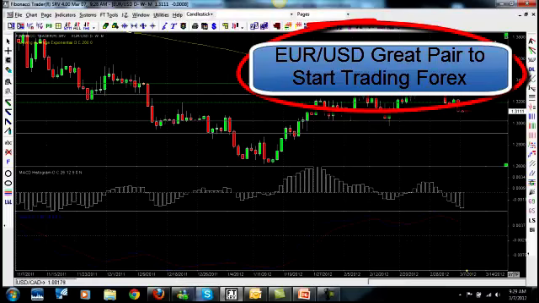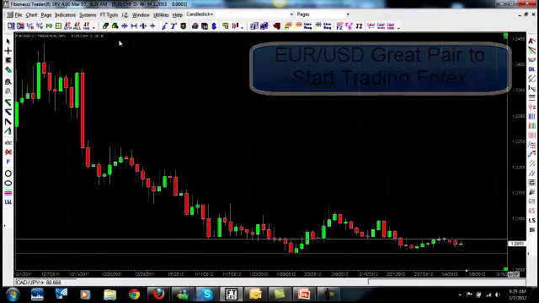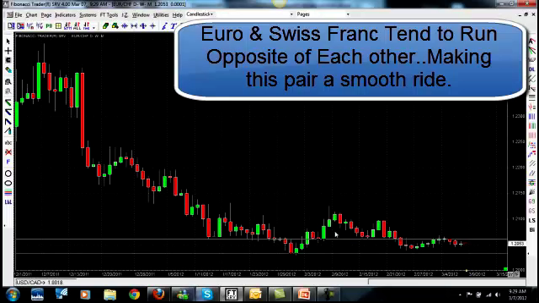If you have no volatility, I'll show you a currency pair that we're currently in. We've been in for a couple weeks. The Euro Swissy. Now, the reason the Euro Swissy is not very volatile, you'll see that it doesn't move a real lot, is because the Euro and the Swiss franc are pretty much usually in the same direction, so there's not a lot of movement. But we bought this pair right here.